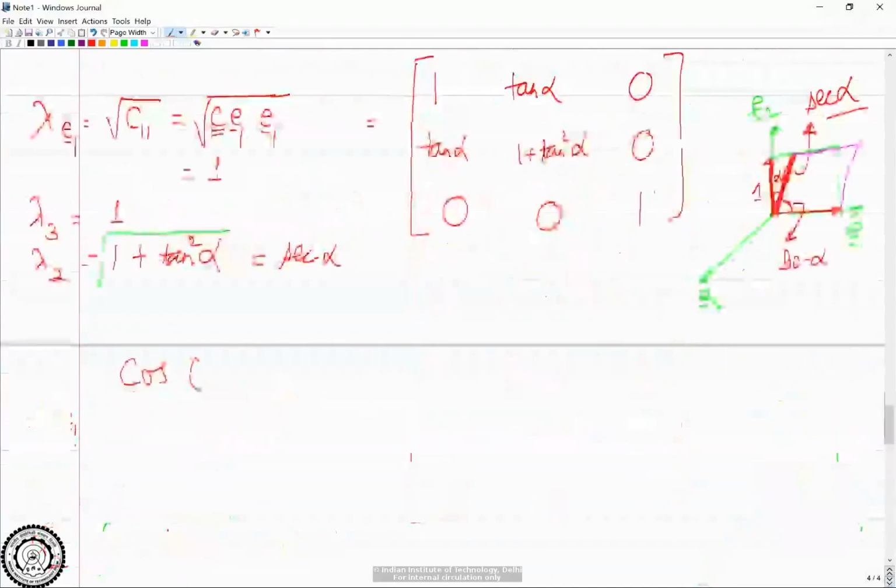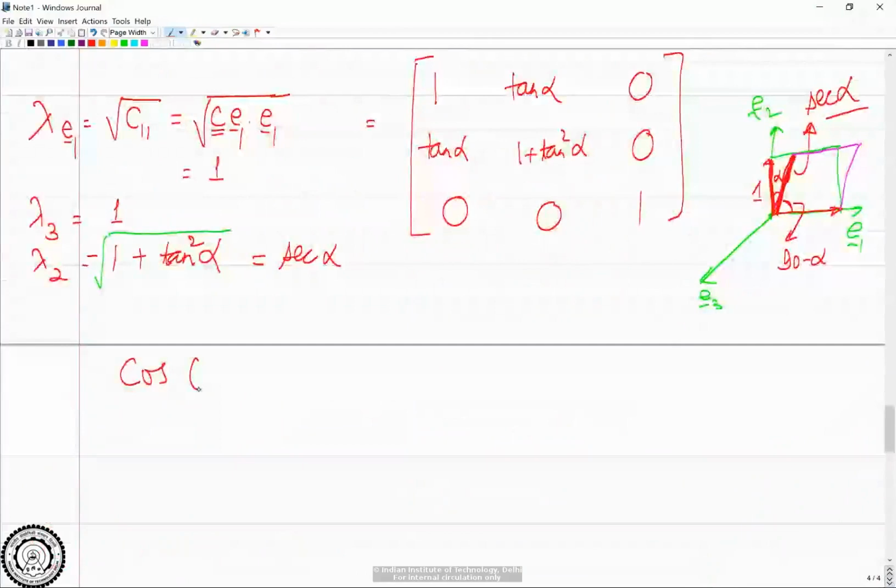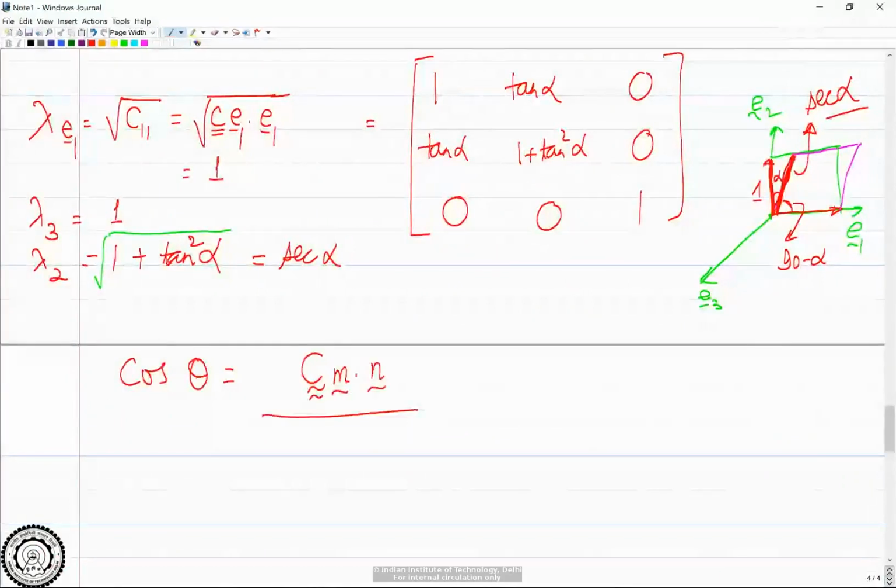So cos theta, that was, can someone tell me what was the formula? So if I'm not wrong, it is C m dot n divided by lambda m into lambda n. Is that correct? Yes, sir. Okay, thank you.